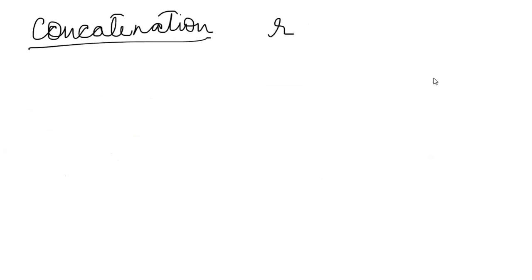So R is a regular expression. Suppose S is a regular expression followed by another regular expression, say T. So the regular expression R here is a concatenation of the regular expression S and the regular expression T.